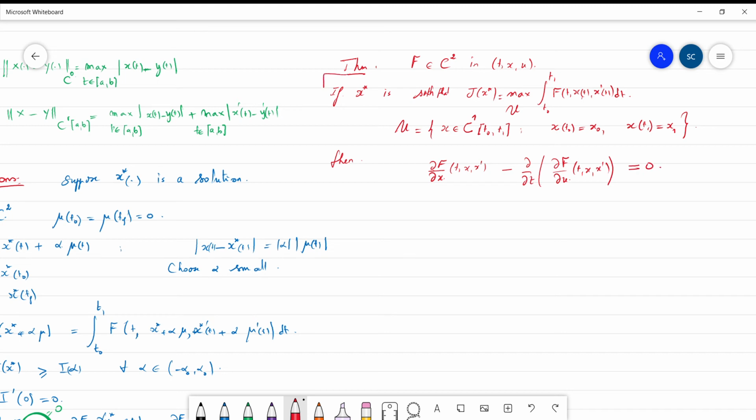So this is what the first theorem says, and this is what we established.